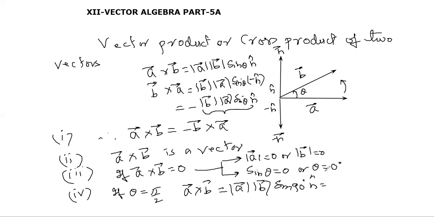Sine 90 degree is 1. So therefore it will be equal to magnitude of A into magnitude of B n cap, because sine 90 degree is 1.